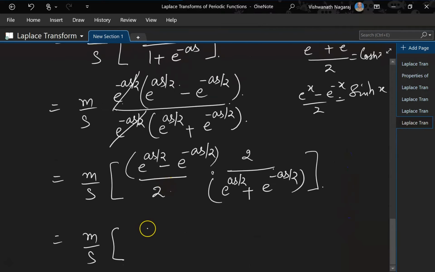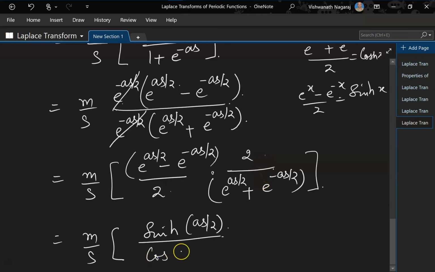So this is what? This is hyperbolic sine of as by 2. And if you look at the inverse of this, the multiplicative inverse, that is cos.